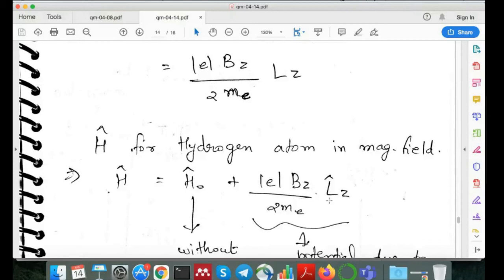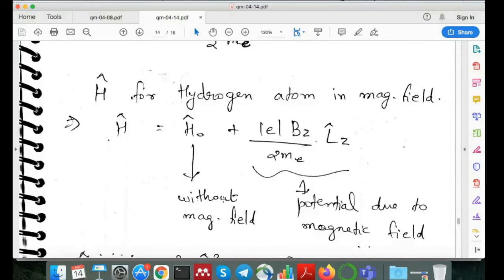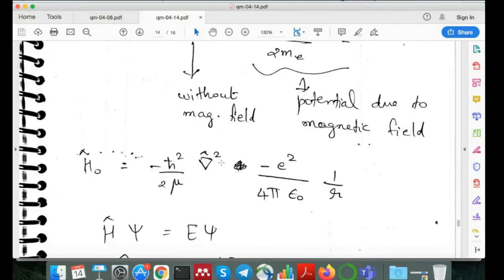That is why we needed this potential. This is the H naught, which is without the magnetic field, and then this represents the potential due to the magnetic field. H naught is the same, I'm not changing it. H naught is the original Hamiltonian for the hydrogen atom, which is minus h cross square by 2 mu into del square.